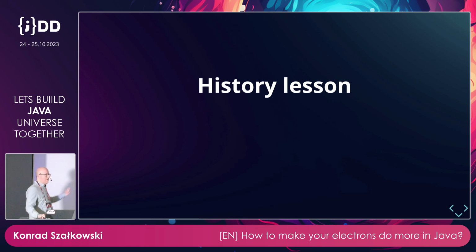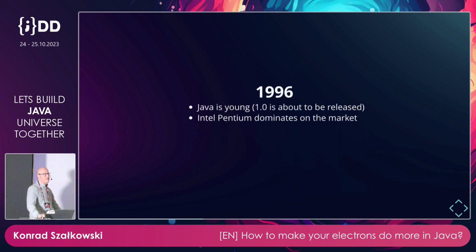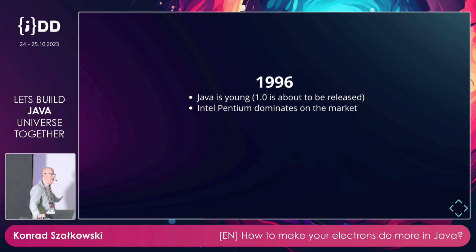Let me give you a quick history lesson. It's 1996. James Gosling and his team are releasing Java 1. They are releasing Java to be a language to write software for Blu-ray discs and Blu-ray disc players. Java has one selling point: write once, run anywhere.